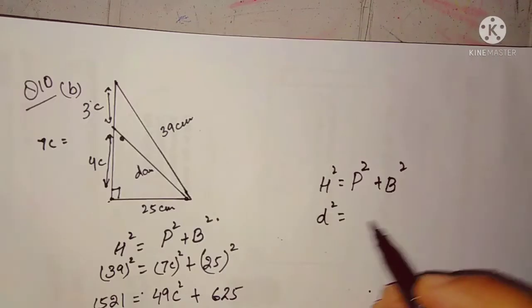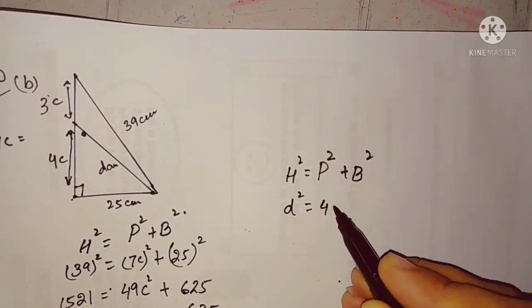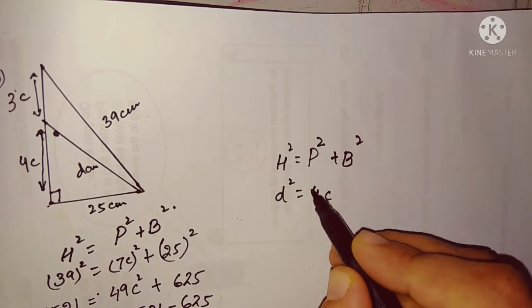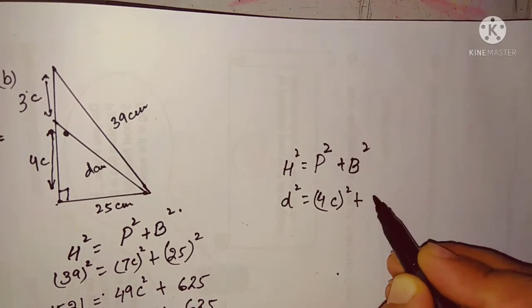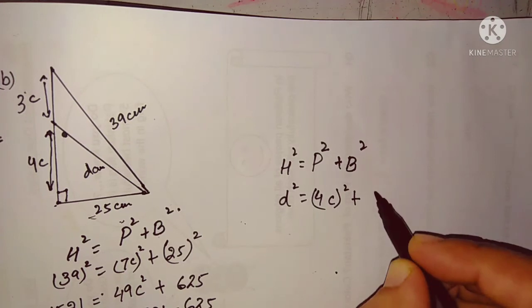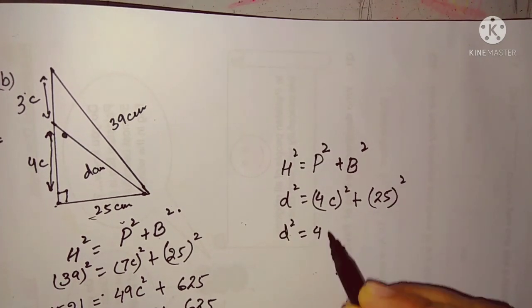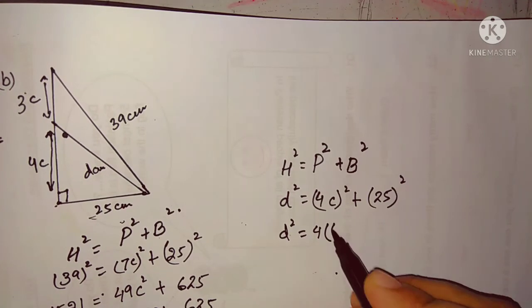So let's use the formula. The formula is hypotenuse square is equal to perpendicular square plus base square. So here the hypotenuse is D, so D square. Perpendicular is 4c, so now we'll put the value of c, which is 4.28.